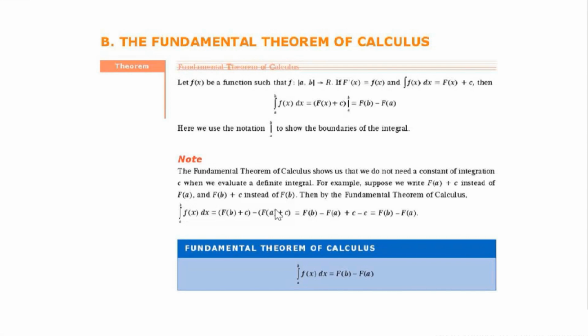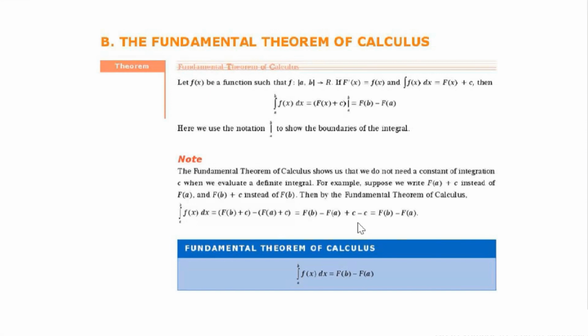Okay, no need to write the constant of integration when we are dealing with the definite integral. Then, by the fundamental theorem of calculus, the integral of f of x dx between a and b is equal to F of b plus c minus F of a plus c. If we simplify that one, the constant c there will be cancelled. That is why we have the formula F of b minus F of a.